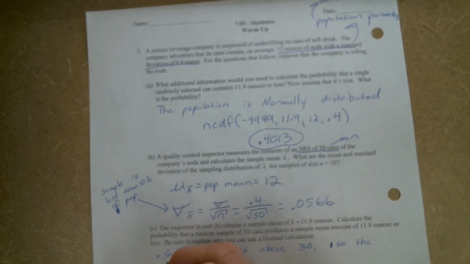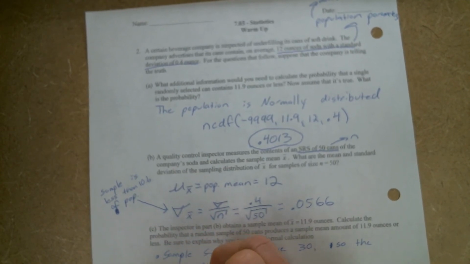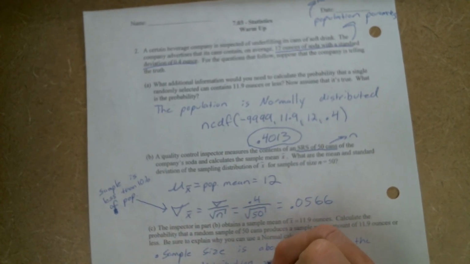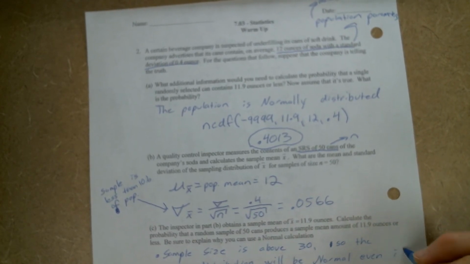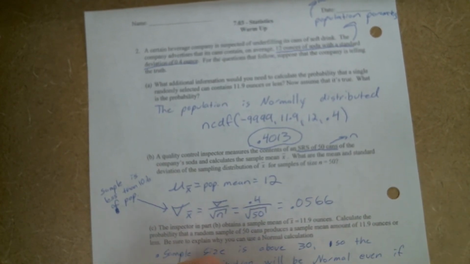So the sampling distribution will be normal, even if the population is not.